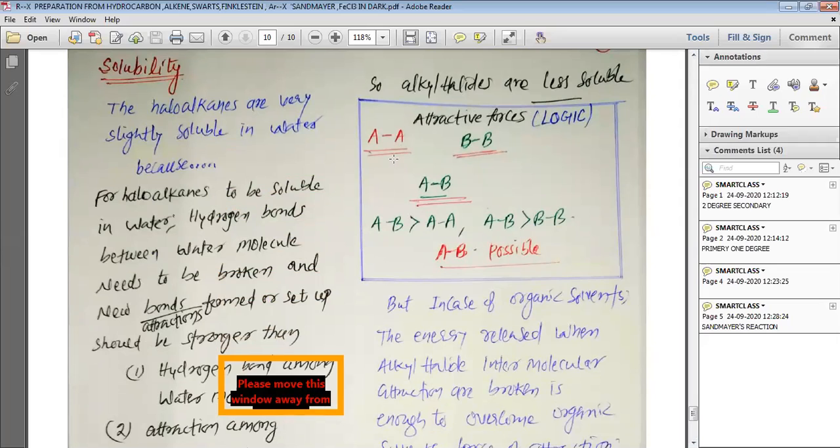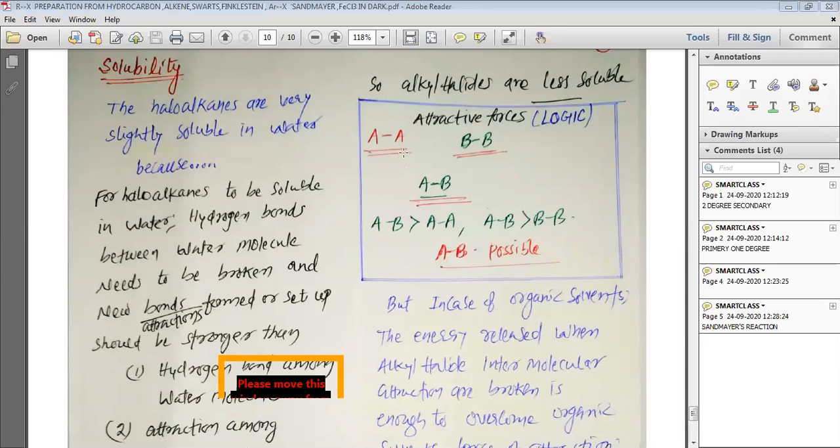Let us understand this with the attractive forces logic. Suppose we have AA, we have BB, and we want to make AB. The forces between AB should be more than the forces between AA, and the forces between AB should be more than the forces between BB. Then AB is possible.